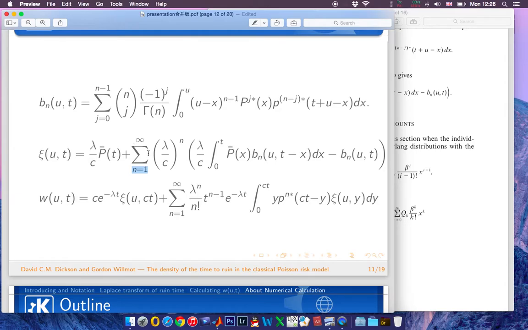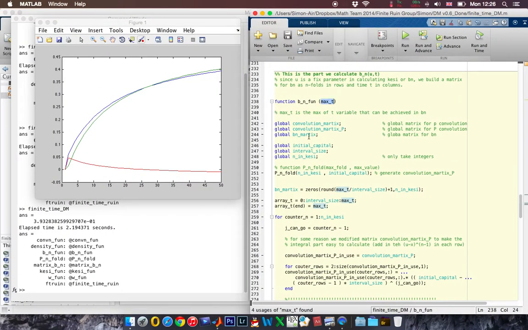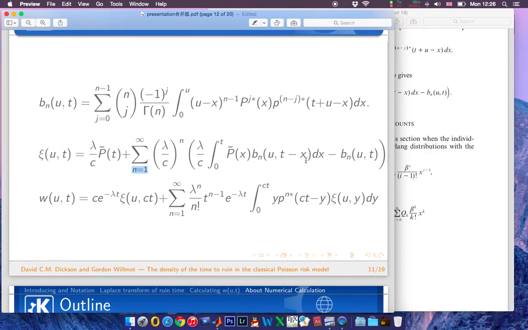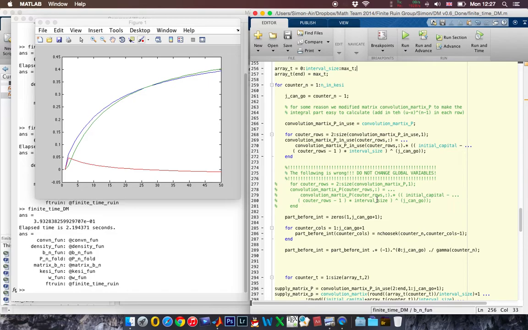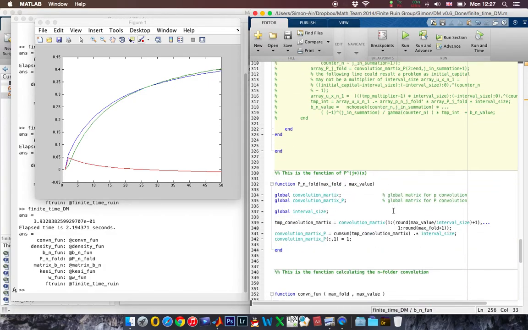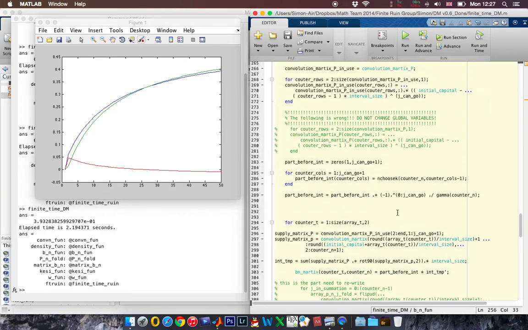So the Bn matrix has columns from 0 to n in c. That is all of the Bn values we need in calculating all of these three equations. So Bn c is also built with vectorized calculation to make this run as quickly as it can.